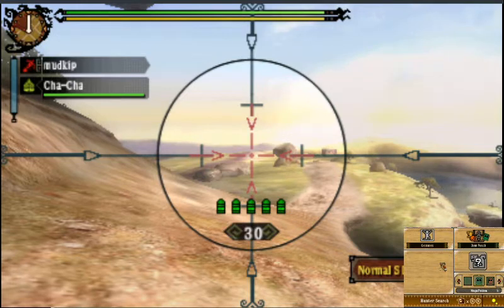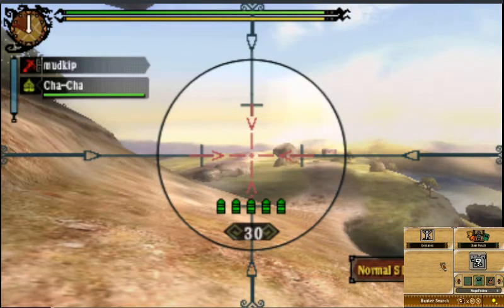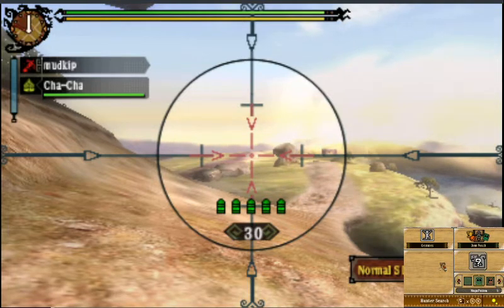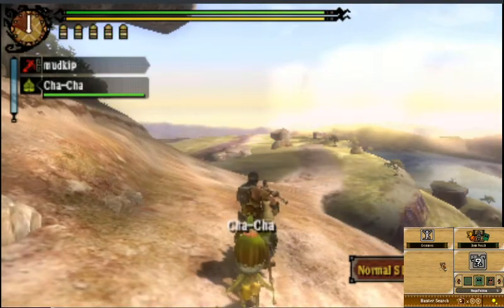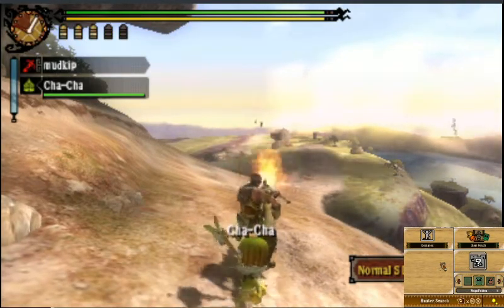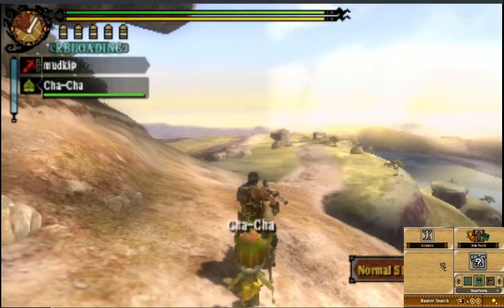So in crouching fire mode, you can see the number 30. That is the number of shots that I can take without reloading. So it's not really an infinite fire, it's just a very big clip rather than having a clip of in this case 5 shots.